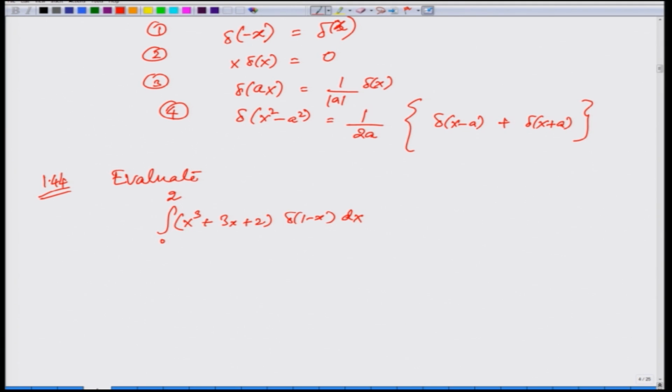A very simple way, use property 1. So this is equal to the integral from 0 to 2 of x cube plus 3x plus 2 times delta of x minus 1 dx, and we can see that x equals 1 lies in the interval between 0 to 2. So this will be equal to 1 cube plus 3 into 1 plus 2, which is equal to 6.